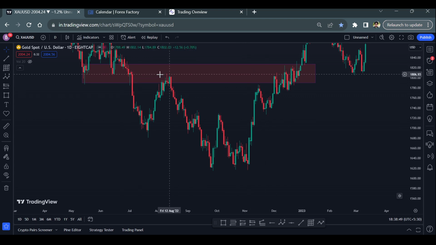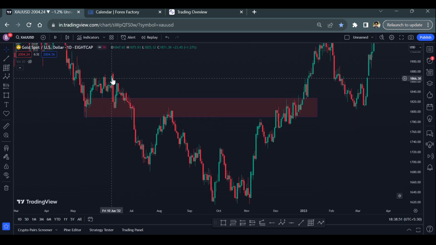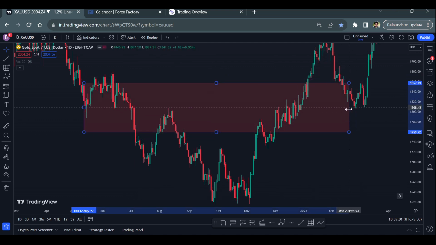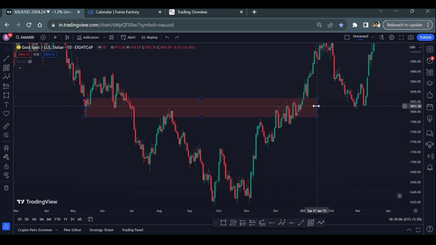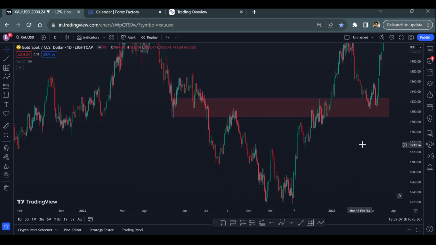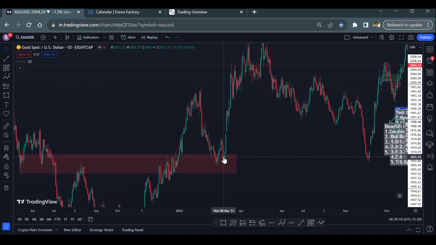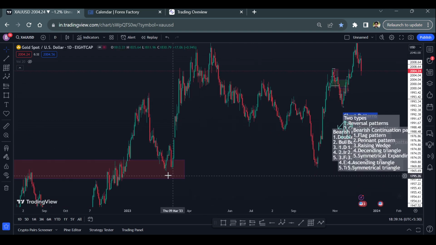So now currently this support won't work. It has done its job here, it did its best, it pushed the price down when it retraced, but when it's broken to the upside, now this resistance turned into support, right? You can see here it came, and when it's broken it came and retested here and went to the upside.